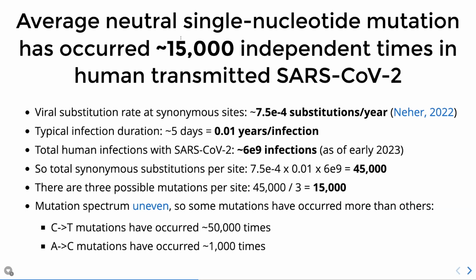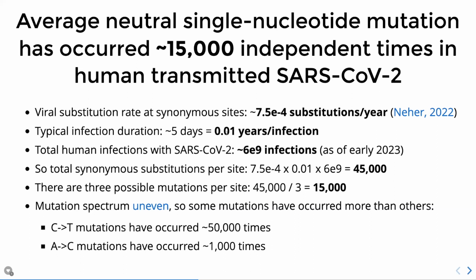And just to tell you how we get to this number of 15,000, the viral substitution rate at synonymous sites, so sites where mutations don't affect the protein sequence and typically don't have large fitness effects, is about 7.5 times 10 to the minus 4th per year. The typical SARS-CoV-2 infection lasts about 0.01 years.